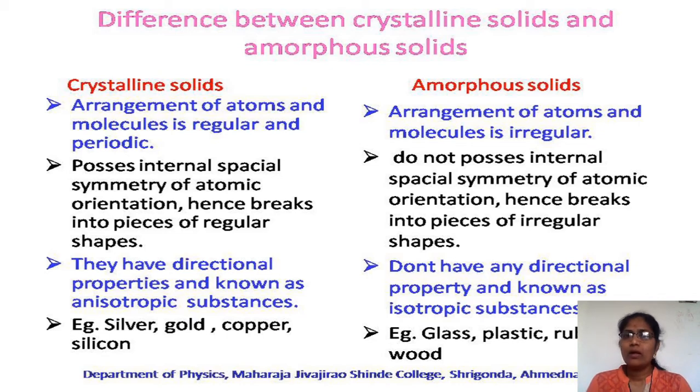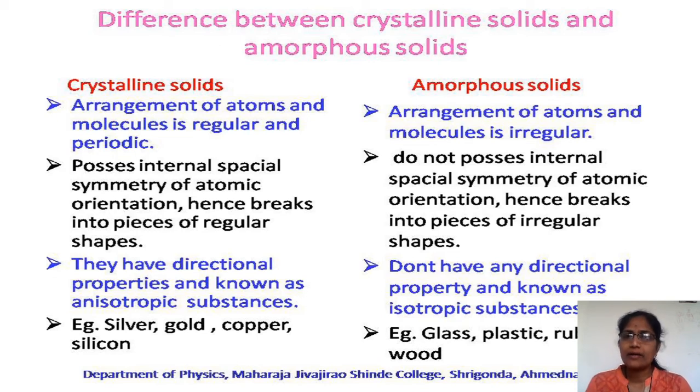Then this crystalline solid possesses internal spatial symmetry. These are symmetric in atomic orientation, and hence if we try to break them, they break in a regular shape. But as amorphous solids do not have periodicity of atomic arrangement, if we start to break them, they will break into pieces of irregular shape.